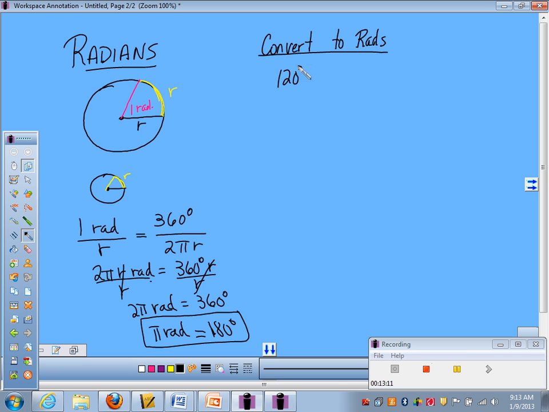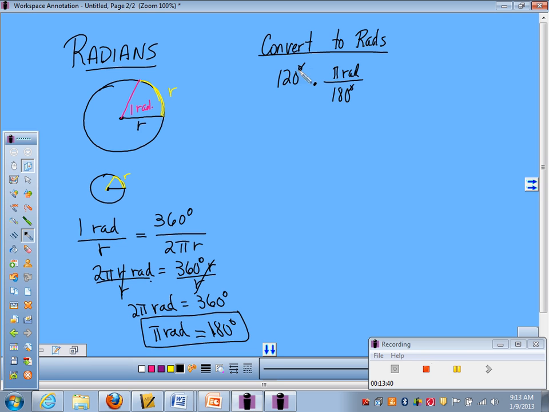So I want to make degrees cancel. The relationship I'm putting in there is pi radians is 180 degrees. Am I going to put the degrees on the top or the bottom? The bottom, because I want the degrees to cancel. And I'm going to put the pi radians on top. The degrees will cancel, and my answer will be in radians.